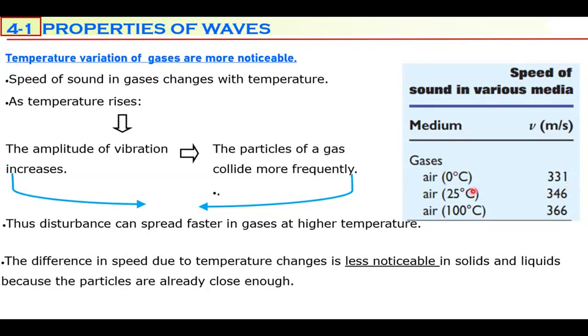At 0 degrees Celsius, 331. At 25, a day temperature, 346, but at 100 degrees Celsius 366. As the air temperature increases, the speed of the wave traveling in the air also increases.